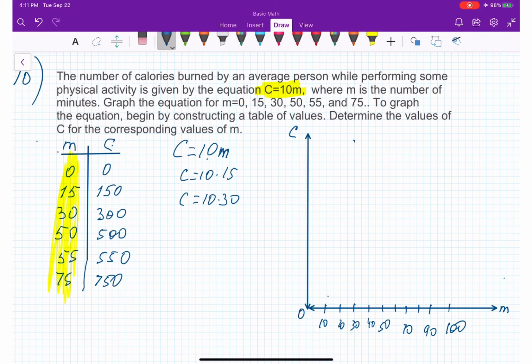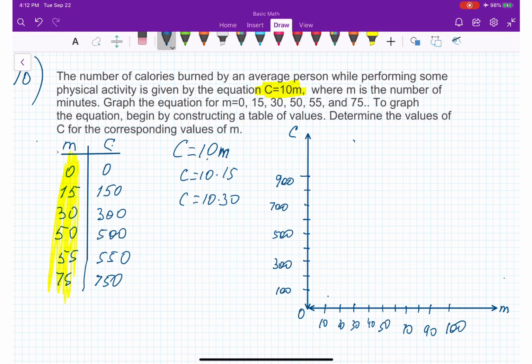Okay, now let's go for C. So it's going to be 100, 200, 300, 400, 500, 600, 700, 800, 900.